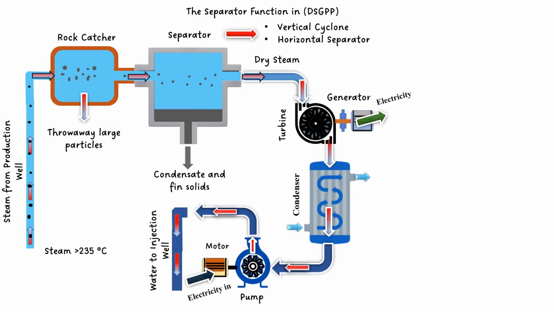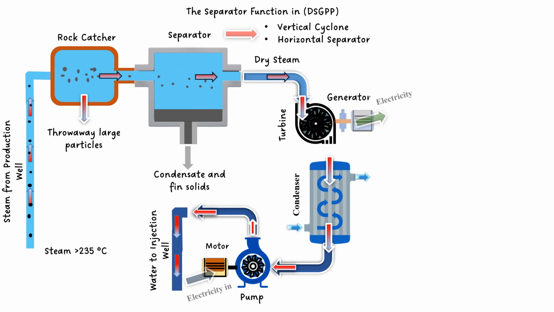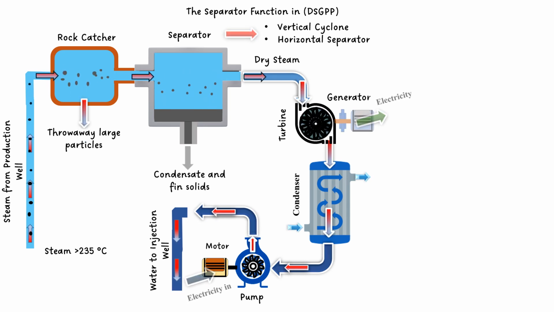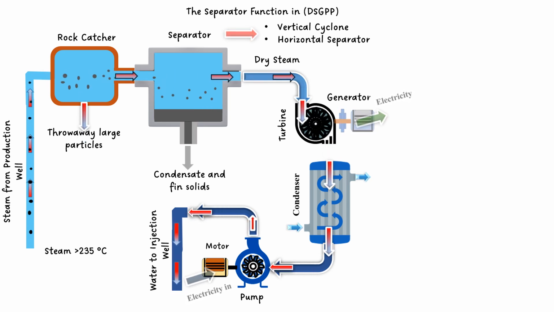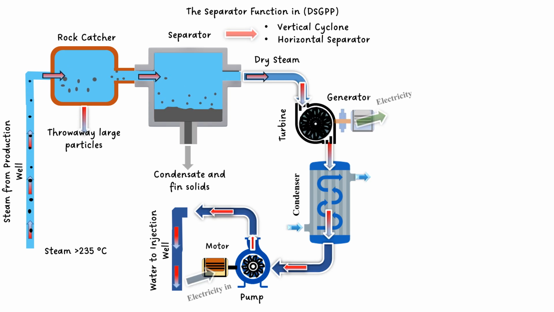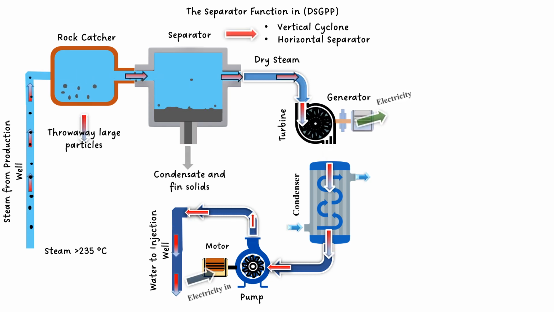And the operation of the separator which can be used in this type is a process in which steam from a production well, usually at a temperature higher than 235 Celsius, as it rises, will carry over some particles with it. So we have to pass it through a rock catcher where large solid parts can be captured.